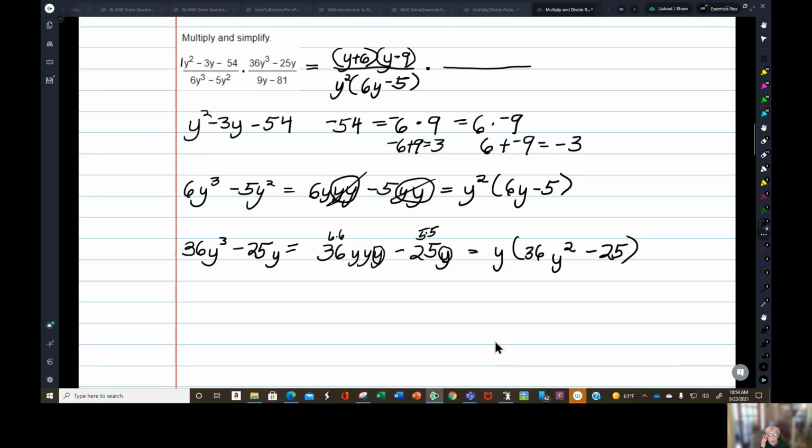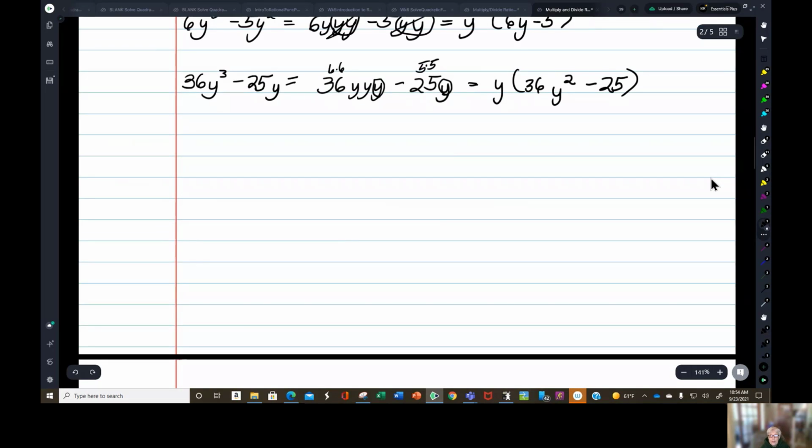But there's more to do on that. 36 is a perfect square. y squared is a perfect square. 25 is a perfect square. So another way to write this is 6y in parentheses squared minus 5 squared.